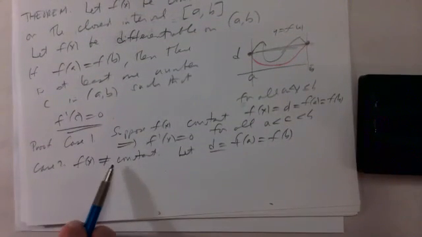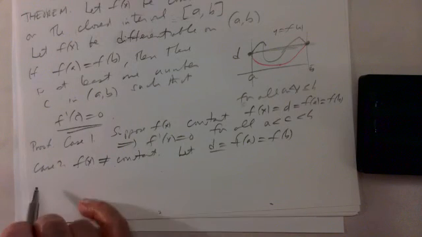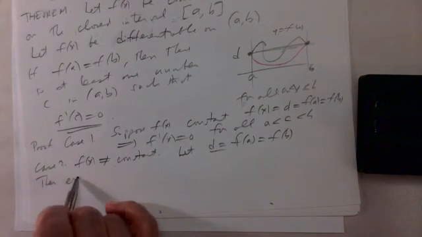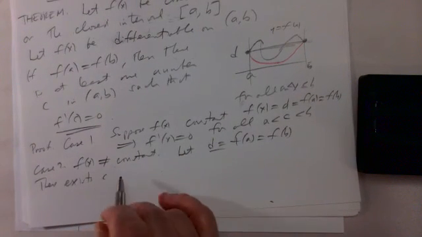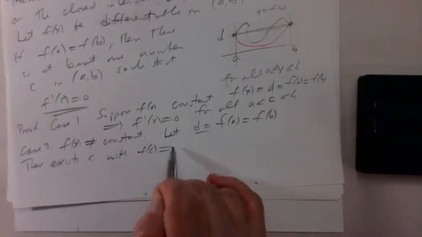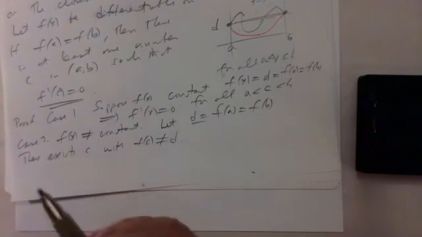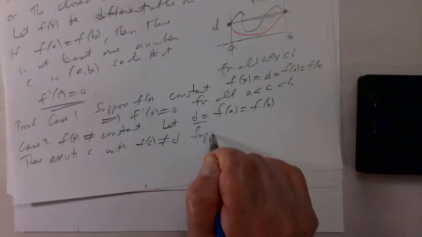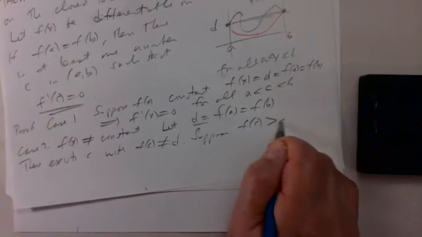So if the function is not constant, then there exists a c with f of c not equal to d. If it's not equal to d, it's either bigger or smaller. So suppose f of c is bigger than d.